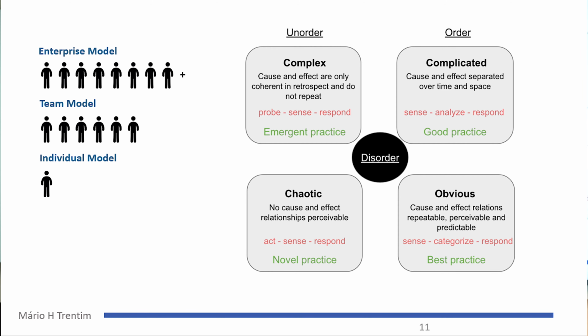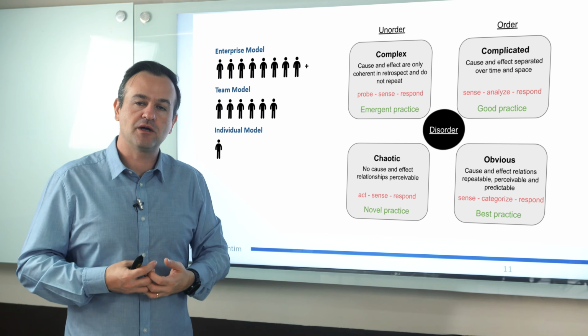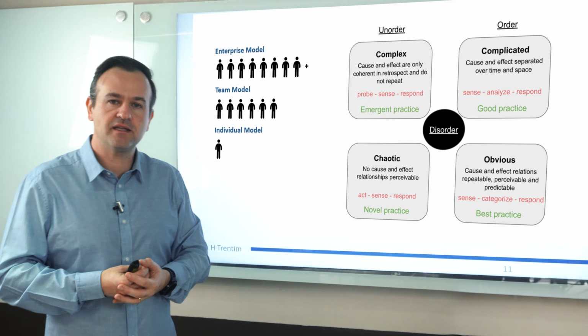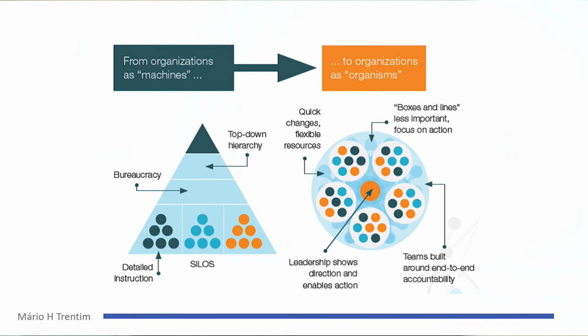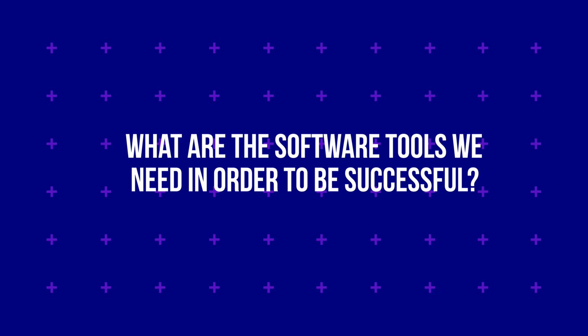Sometimes you are working with cutting edge technology or developing a very new product or service, and we have to adapt on the fly what will be the methodology we will use. Depending on the methodology and on the organizational structure, we are going to identify what are the software tools we need in order to be successful.